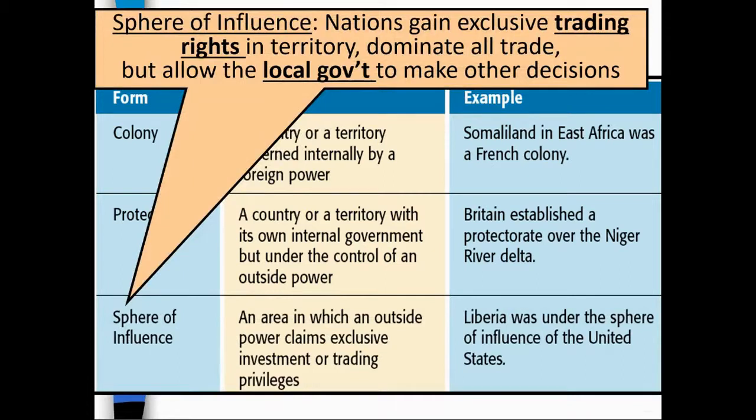Sphere of influence: nations gain exclusive trading rights in the territory, dominate all trade, but allow the local government to make other decisions.